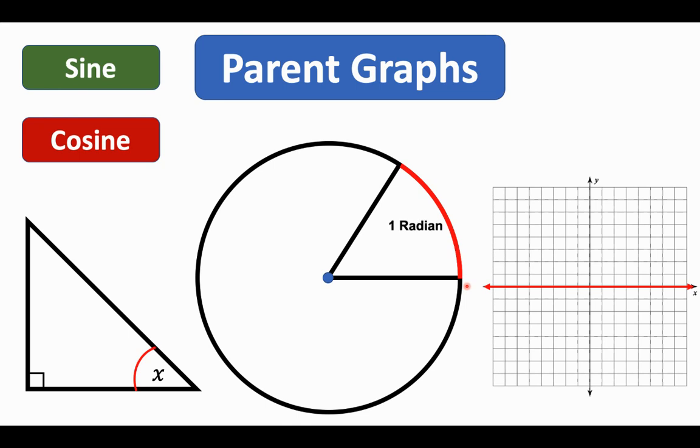But that arc length is 1 radian, but that's also the length of the radius. So it's like the radius got curved and placed on the circle. So that's one reason why a lot of times we count by pies here, because we're actually talking about radians. It's not the only reason, but that's one of them.